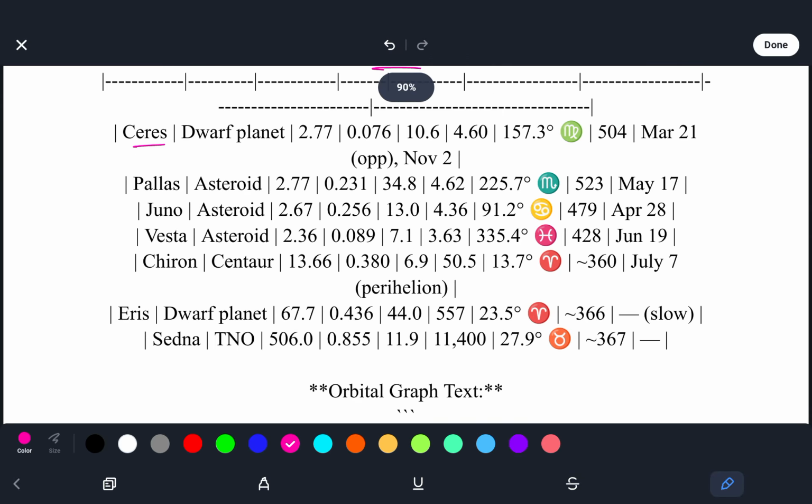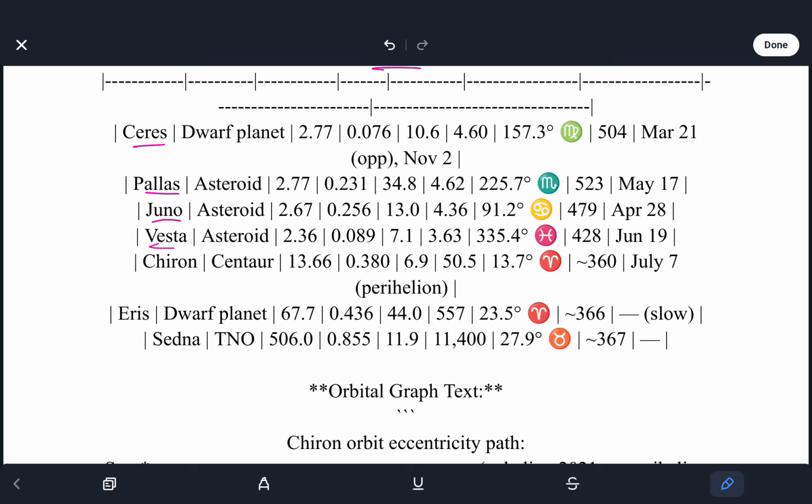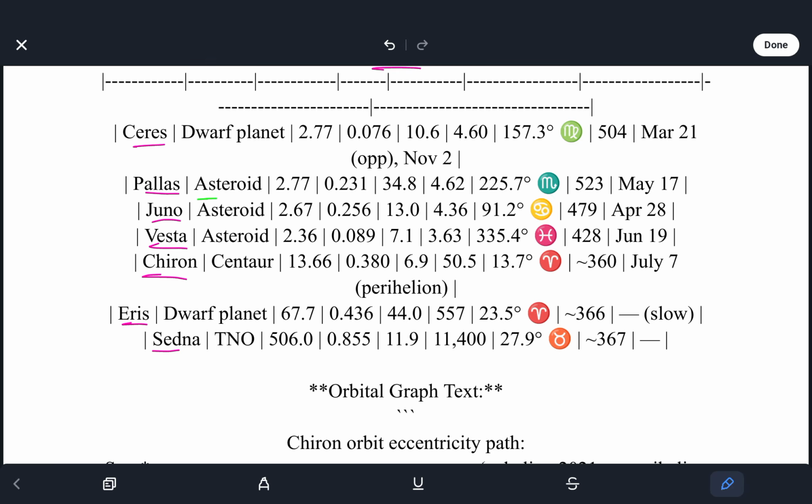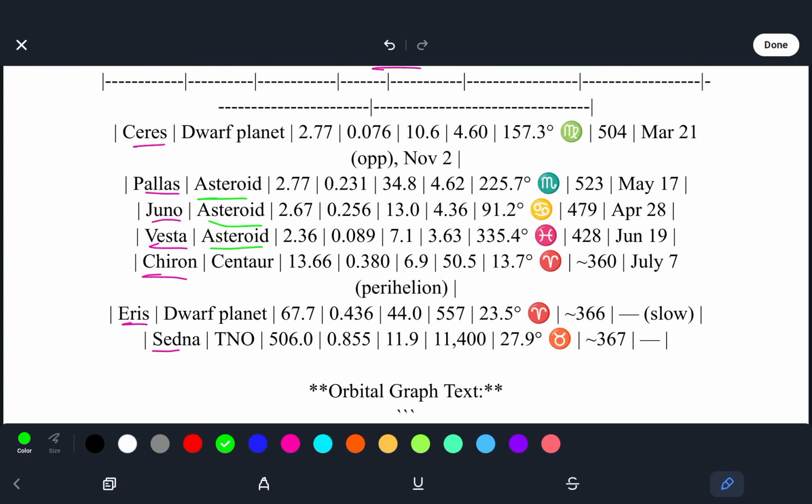So we see Ceres, Pallas, Juno, Vesta, Chiron, Eris, and Sedna. We see that these are mainly asteroids, except for Chiron being a centaur, Eris being a dwarf planet, and Sedna being a TNO.